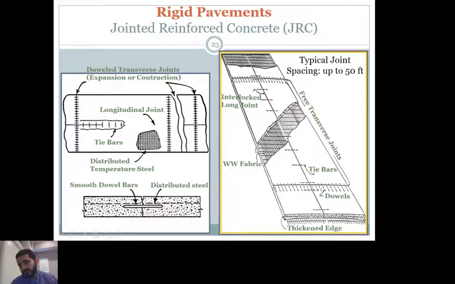This is the welded wire fabric mesh to make sure that we're not going to have transverse cracks or random cracks. So the typical joint here, once we apply all these types of reinforcement, now we have up to 50 feet joint length or joint spacing instead of a maximum of 15 to 20 feet.